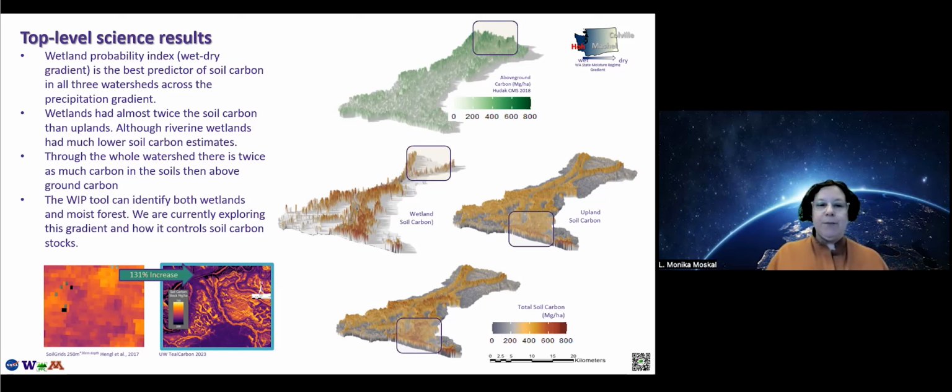This is important because a lot of the managers on these landscapes are small forest landowners. A 250-meter pixel in their forest doesn't mean a lot to them, but our models are as fine resolution as that LiDAR driving the WIP tool is. They can be sub-meter resolution, which all of a sudden becomes a really attractive tool for small landowners and big landowners to use.